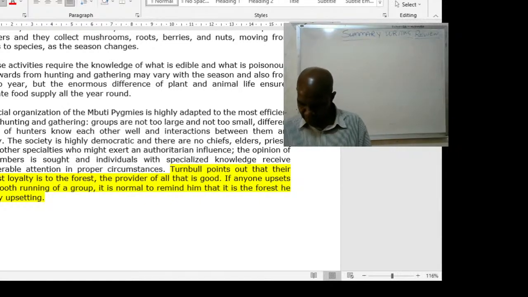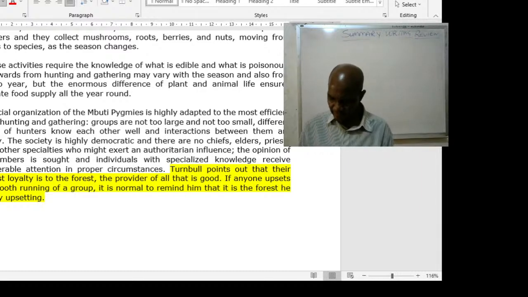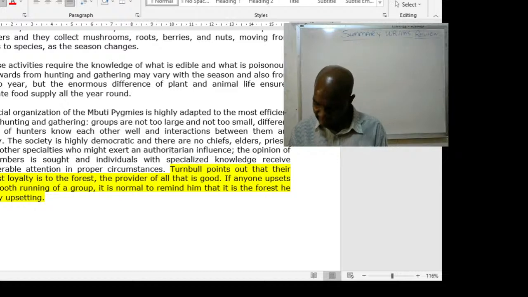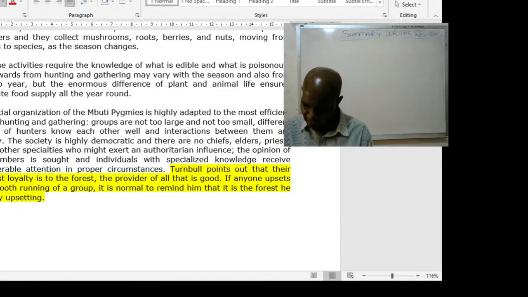As you might be able to see on your screen, I've written the title, underlined it, and it's in bold capitals. I'm getting my title straight from the question. The question was, summarize why Turnbull thinks Mbuti pygmies value the forest, and that's exactly what I've said. So let's go to the selected points in the next slide.